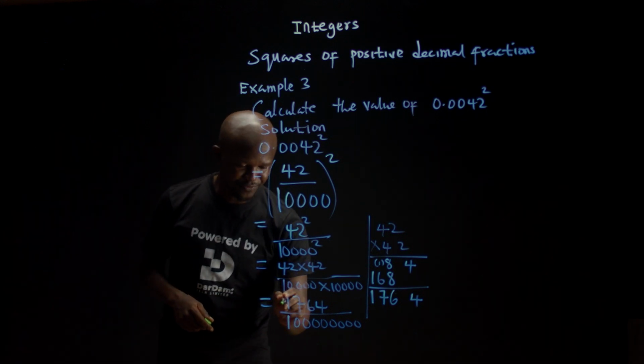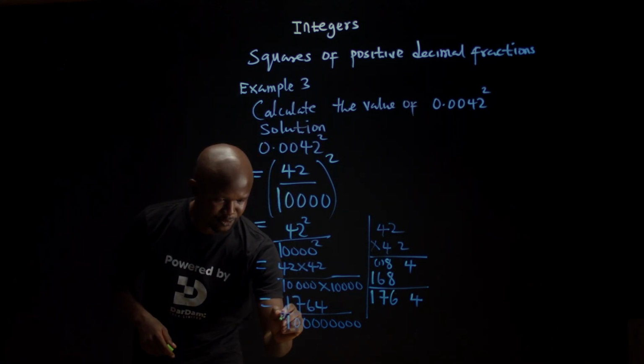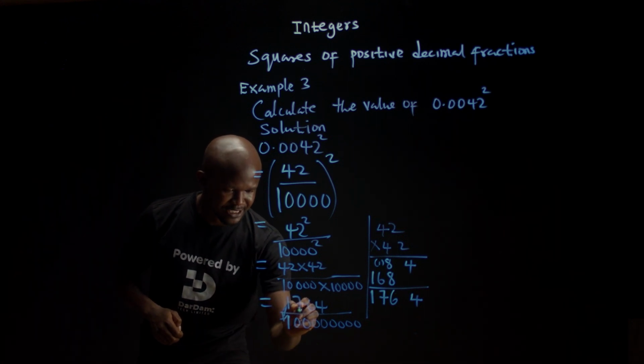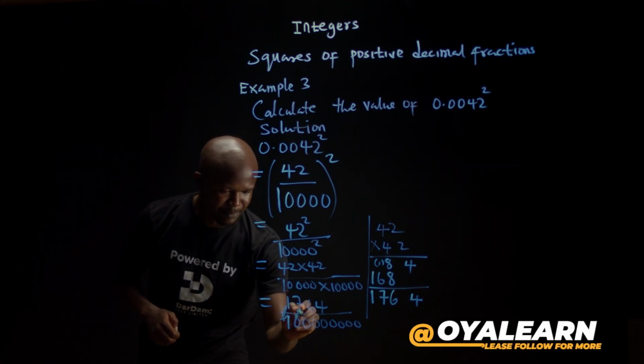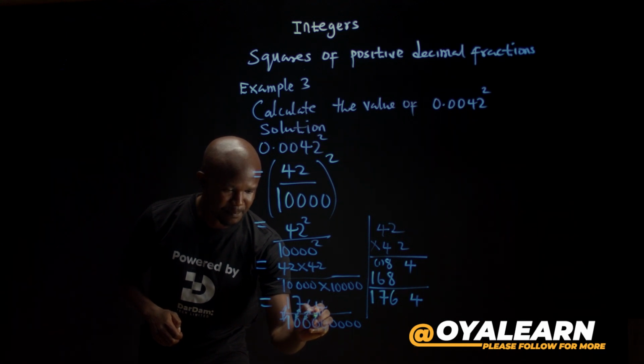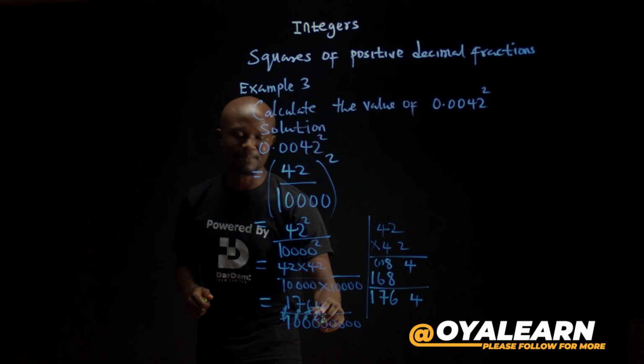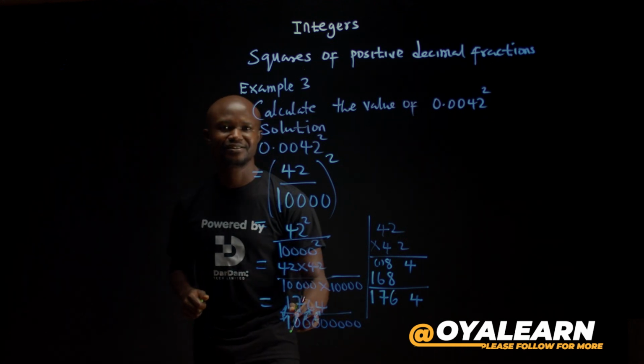So we are going to do the equivalent. Now, the first number is marked, the second number is marked, the third number is marked, the fourth number is marked. Can you see? Now, what do we now have? How many zeros are we having here?